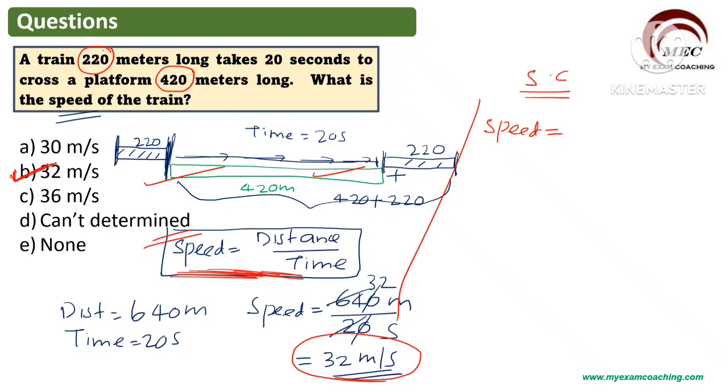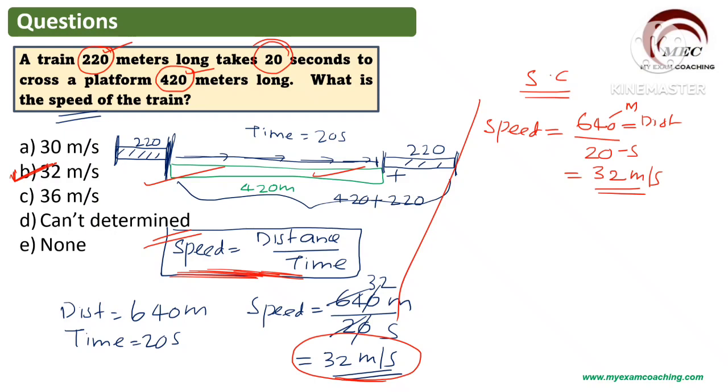Total how much is it? 220 and 420. This will become 640. That is the distance. And what is the time taken? 20 seconds. It is given, divided by 20. So total we got 32. 640 is in meter. Time is in second. So this is meter per second.